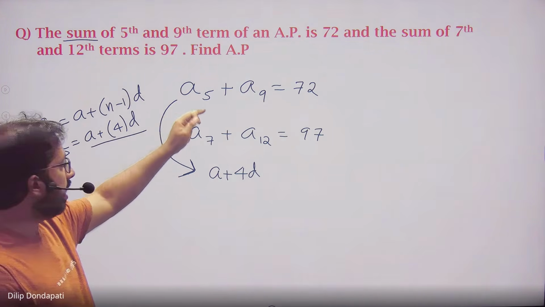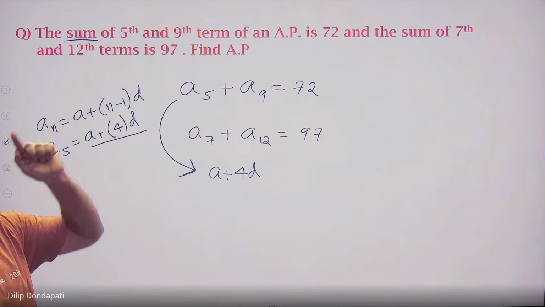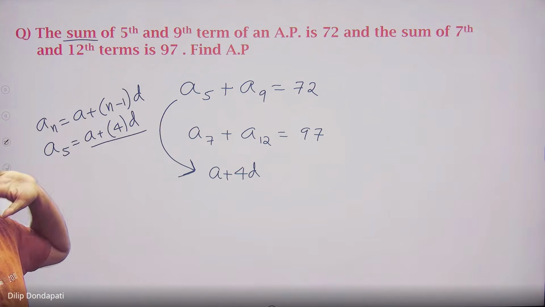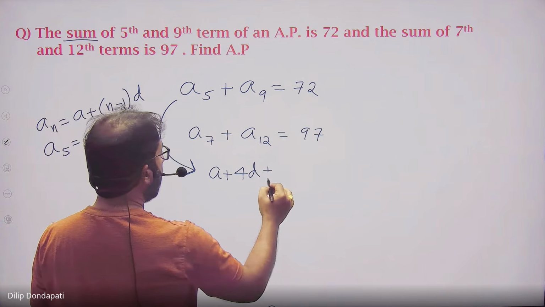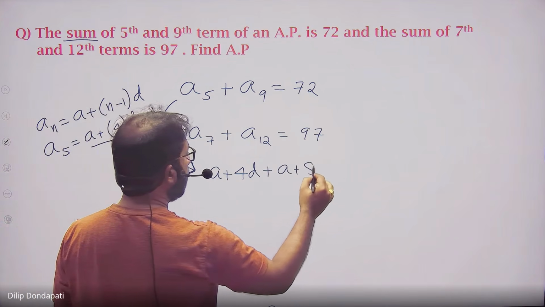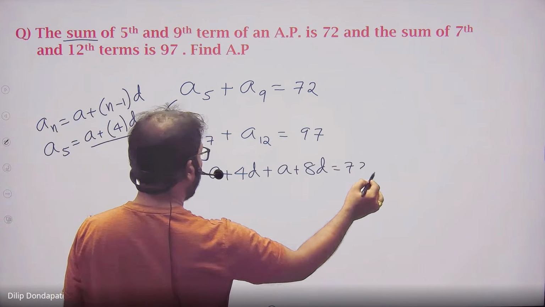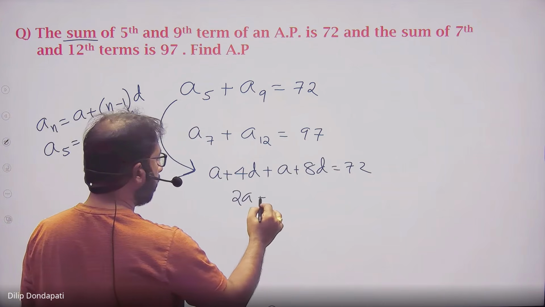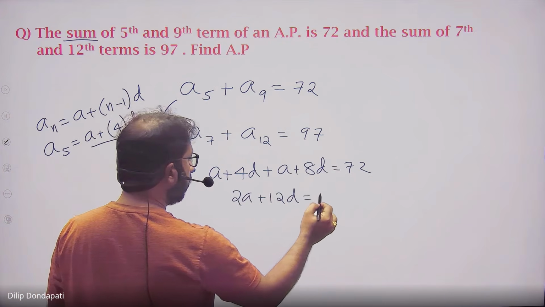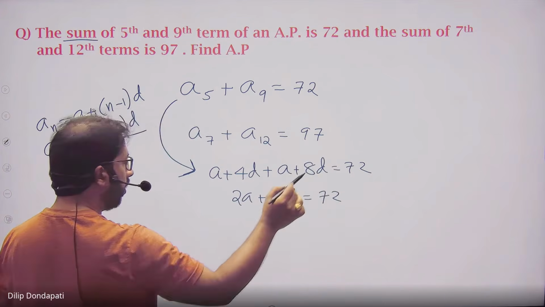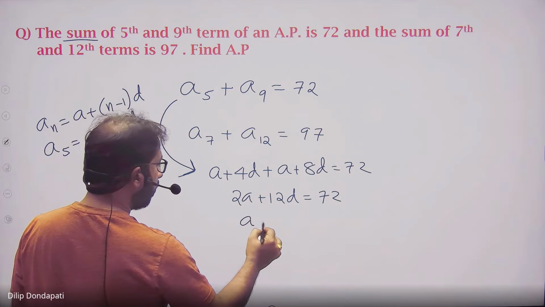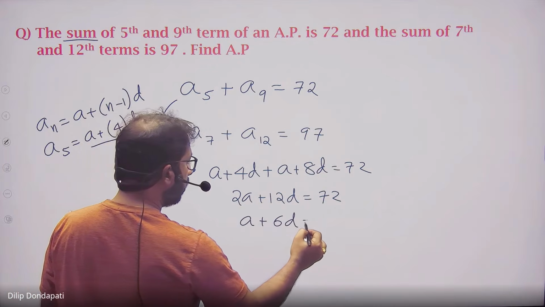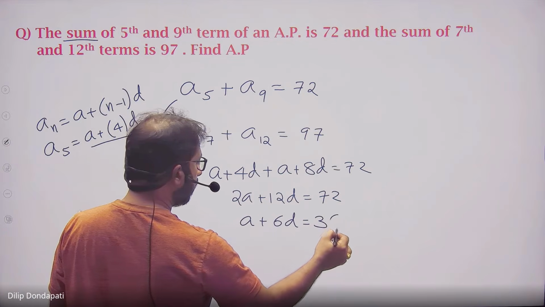That's why we are writing directly a plus 4d बोल के. nth term formula एक ही formula है total chapter में. इधर learn करो. Okay. Plus A9 is a plus 8d is equal to 72. So कितना होगा? 2a plus 12d is equal to 72. So 2 से divide कर लो. So a plus 6d is equal to 36. Right? First equation.